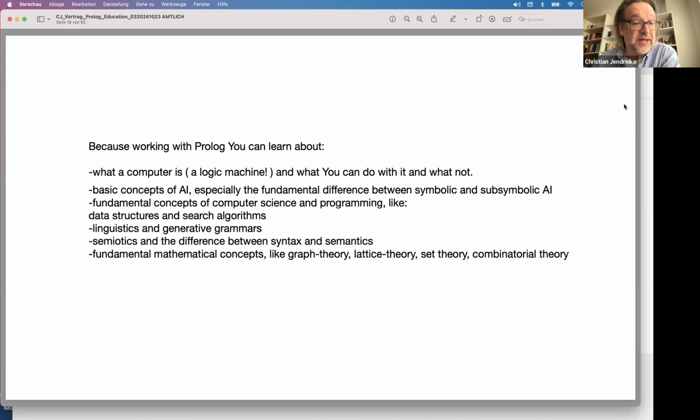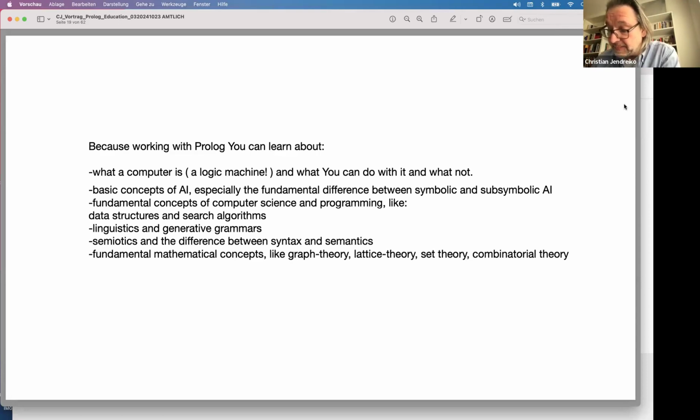You can learn about linguistics and generative grammars. You can learn about semiotics and the difference between syntax and semantics. And you can learn about fundamental mathematical concepts like graph theory, lattice theory, set theory, or combinatorial theory.